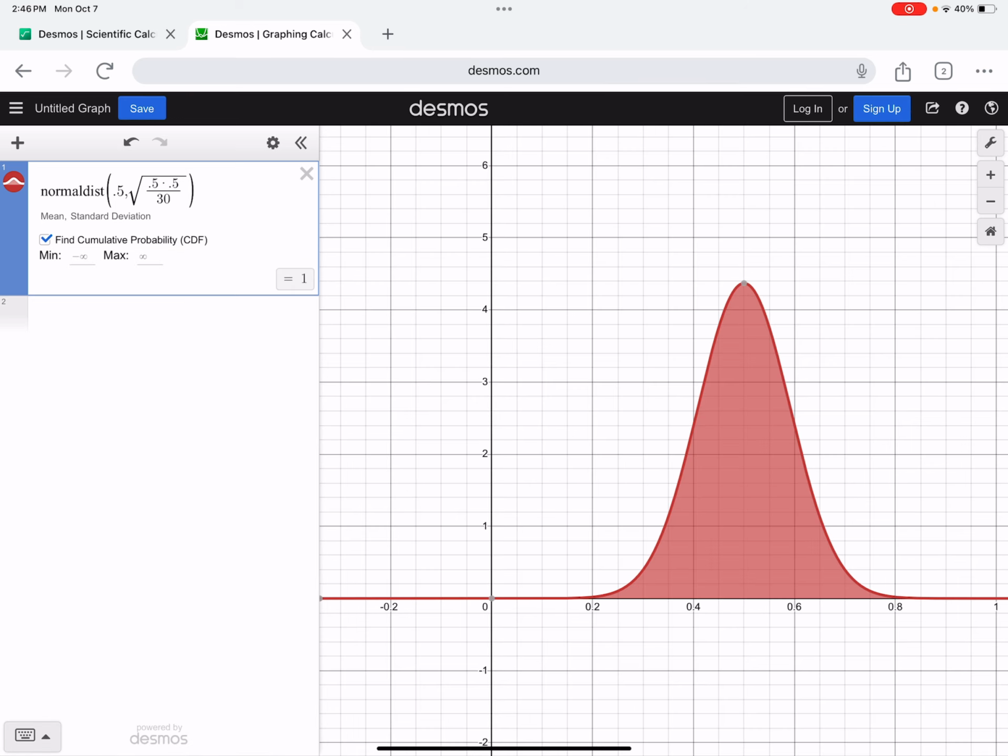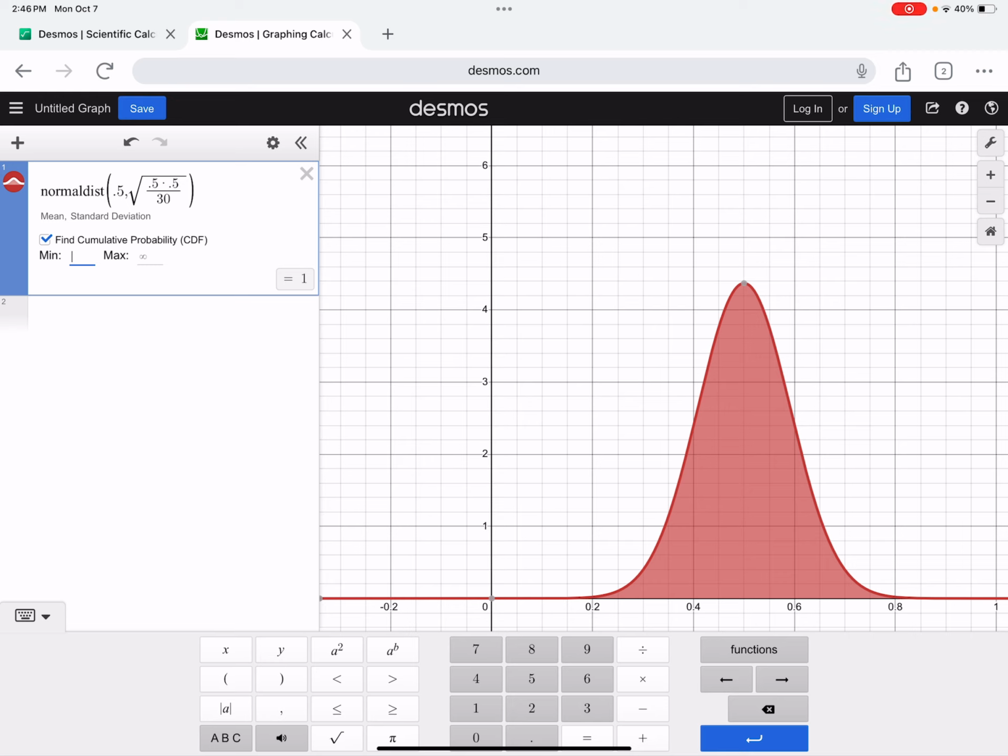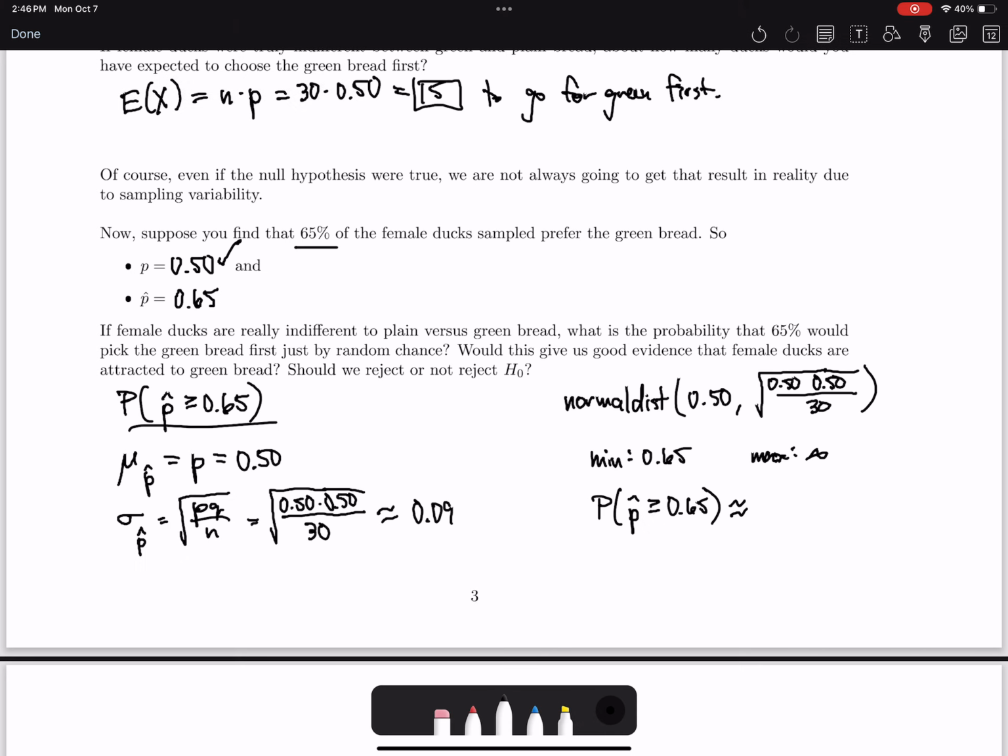Find the cumulative probability. We want the probability that p hat is greater than 0.65. Okay, so that comes out to 0.0502. Okay, so there's our probability.